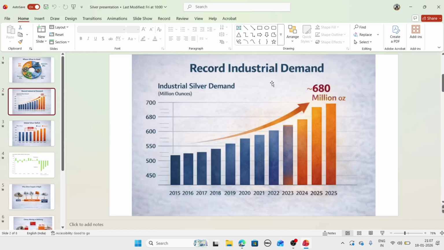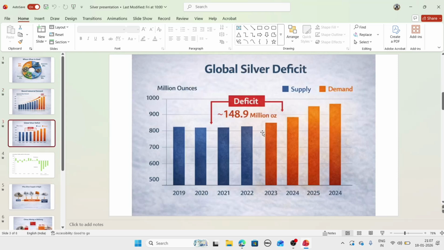So industrial demand is now around 680 million ounces, but the supply is in deficit of about 148.9 million ounces. You can clearly see there is a huge difference, because of which silver is making its all-time high.